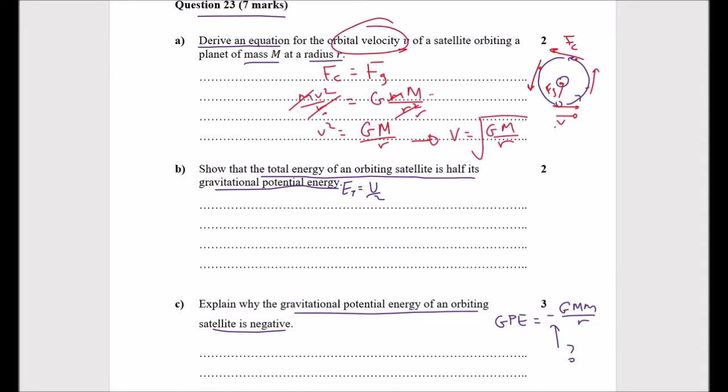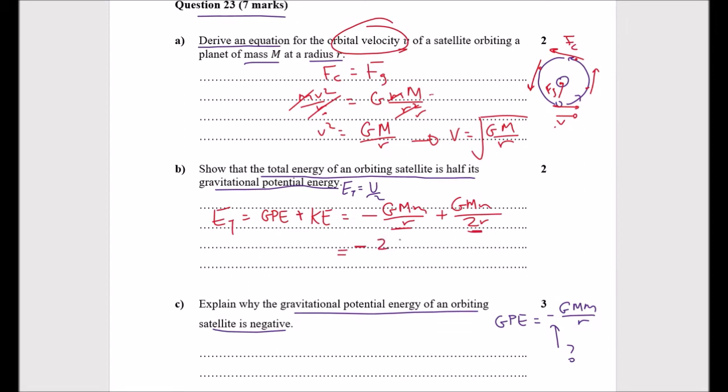The next one is to show that the total energy of an orbit is half the gravitational potential. So the total energy of an orbit is its gravitational potential plus its kinetic energy. Gravitational potential is negative GMm over r, plus GMm over 2r. I can expand it out like that. What you can see is you need to make the denominators equal to each other.